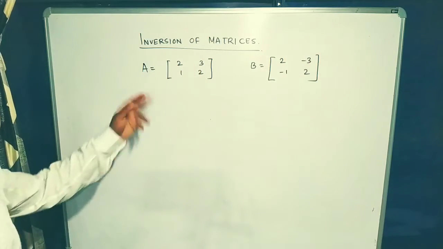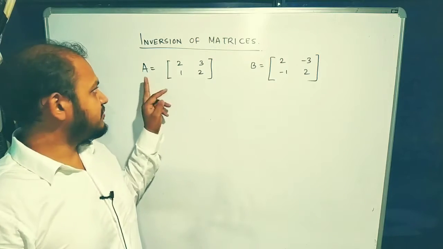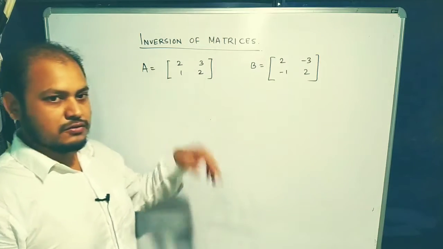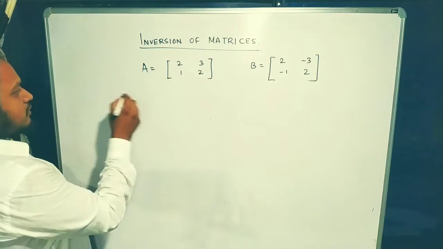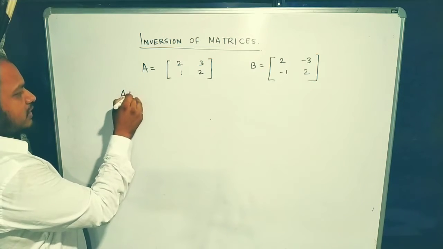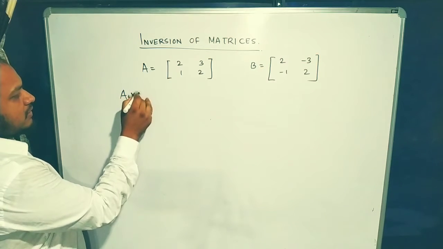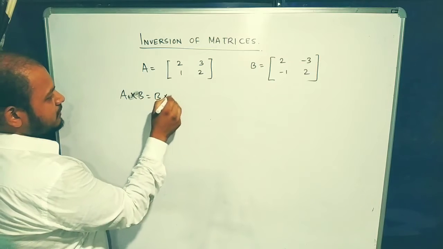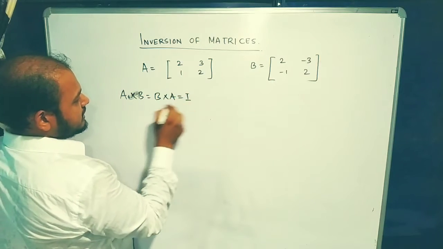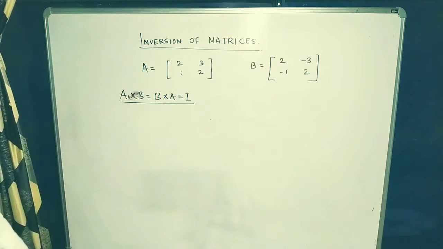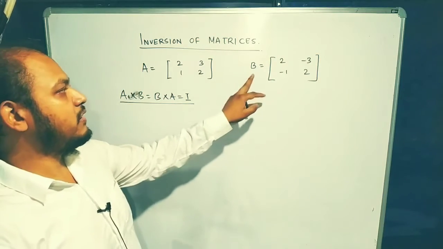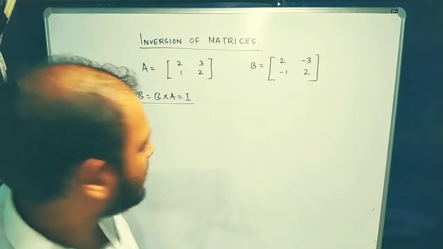Suppose we have two matrices A and B. Let us check if A is the inverse of B and B is the inverse of A. How to check it? We know the condition that if A multiplied by B is the same as B multiplied by A, and is equal to the identity matrix, then we can say that A is the inverse of B and B is also the inverse of A.